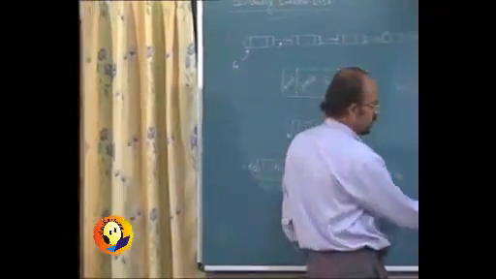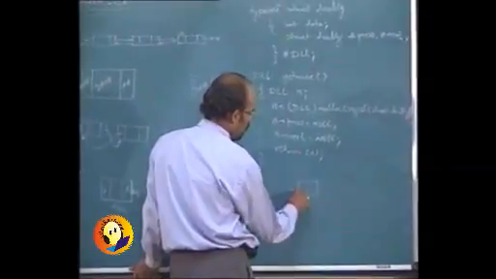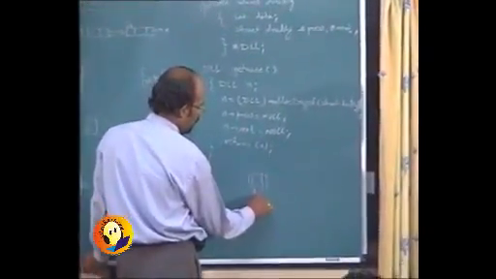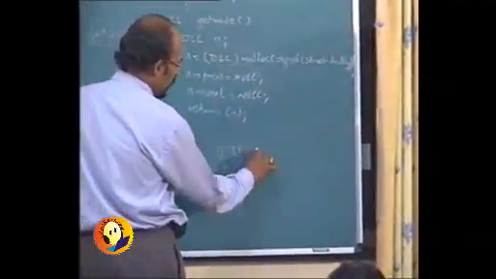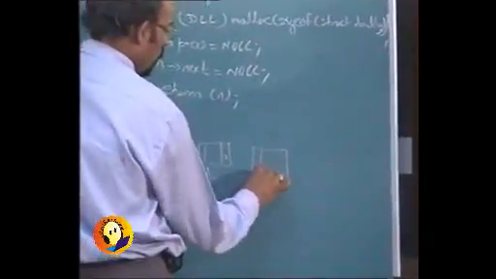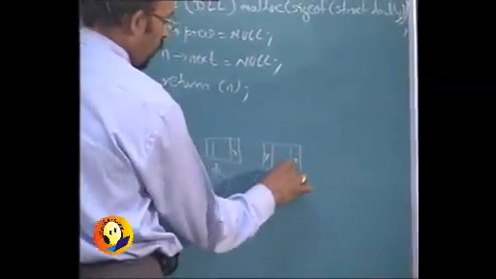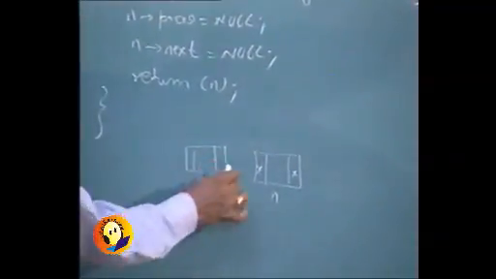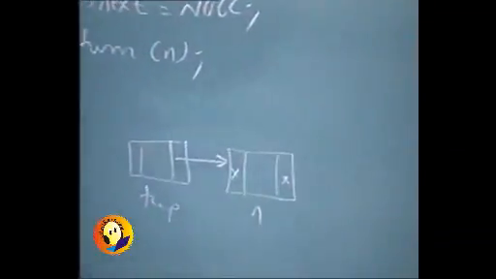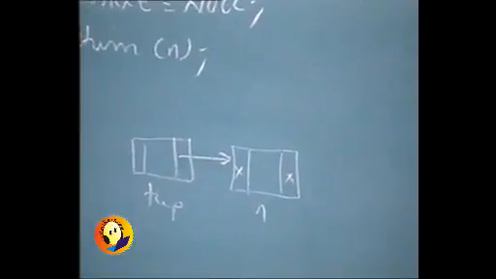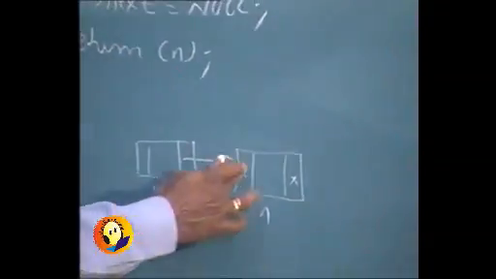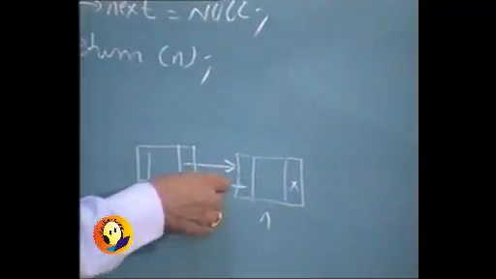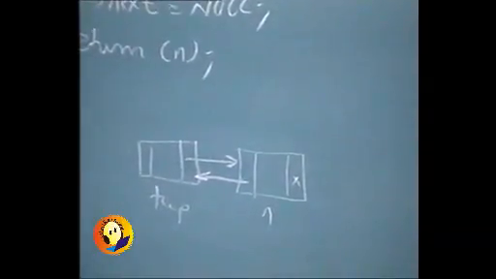So the picture, whatever is our temp, whose next is null at first, we generate a new node like this. We have said temp arrow next is equal to n in singly linked list. Now in doubly you will have to also say after that n arrow previous equal to temp.